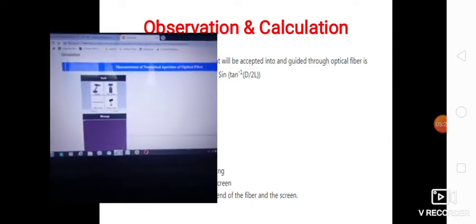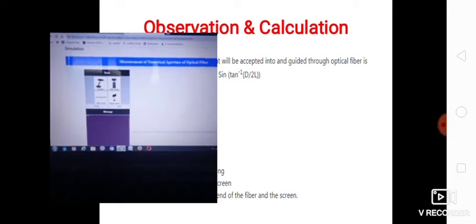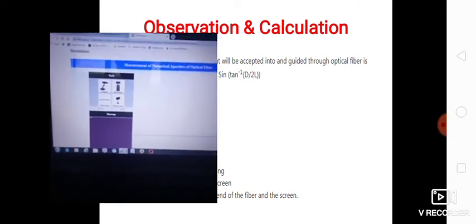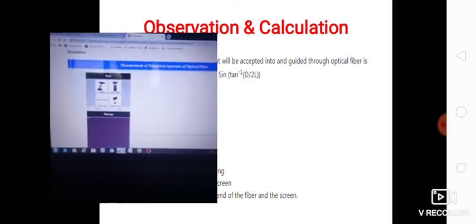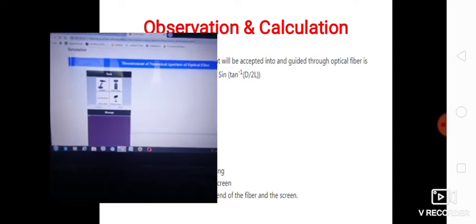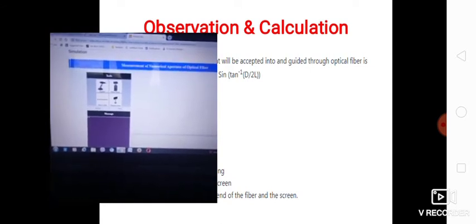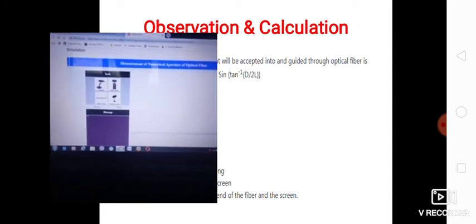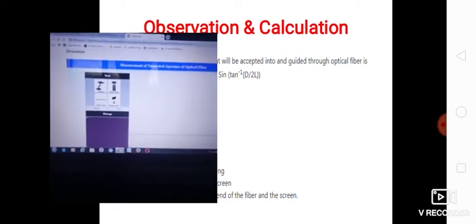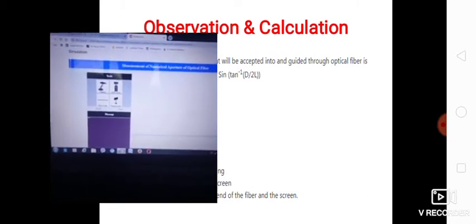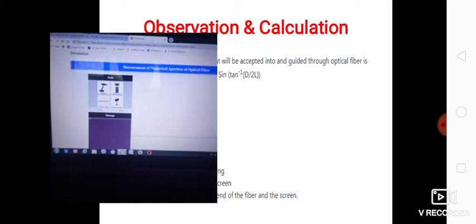Okay students, so here we will take help of a virtual lab. What is a virtual lab? Virtual Lab is an initiative by MHRD, Ministry of Human Resource Development, and it is designed basically to do your practicals remotely. In VLab, the website is www.vlab.co.in.